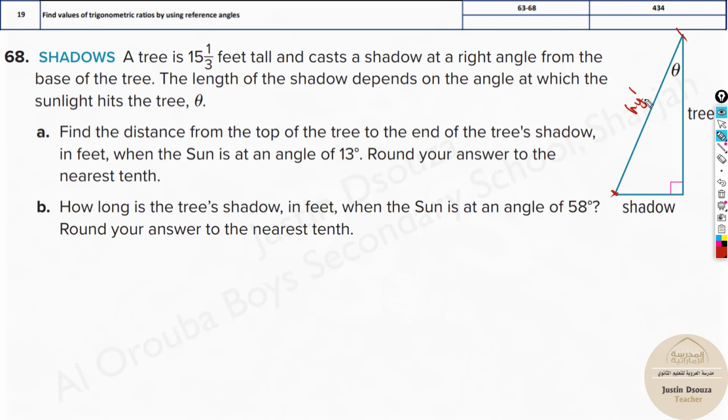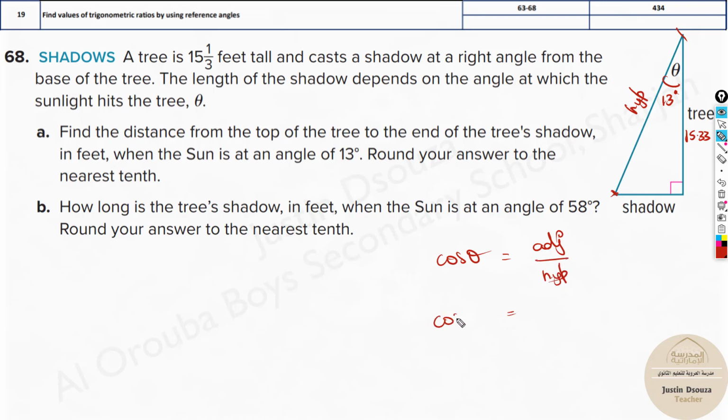I'll just write it out over here. When the sun is at the angle of 13 degrees, this is given as 13 degrees. The tree is 15.33, 1/3 is 0.333. Now I'll just write 15 1/3 itself for accuracy when I solve it. But here now, which angle connects the hypotenuse and adjacent? When I look at it, I can tell it's cos theta, adjacent by hypotenuse.